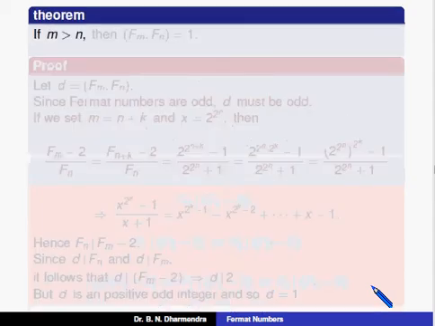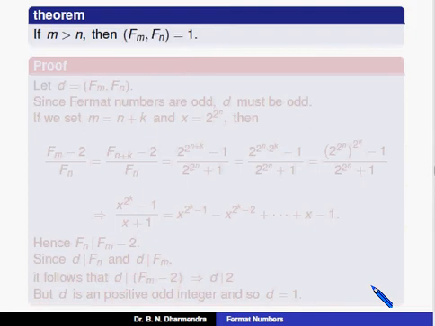If m is greater than n, then Fm and Fn are relatively prime. When I observe consecutive Fermat numbers, all are odd numbers, and some of them are prime numbers. Definitely F0 is not equal to F1, F1 is not equal to F2, F2 is not equal to F3.